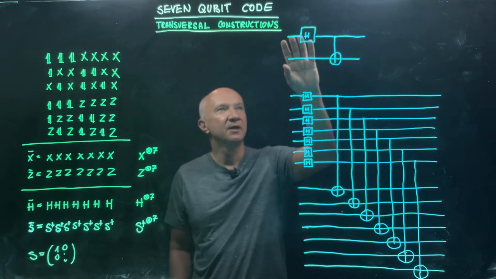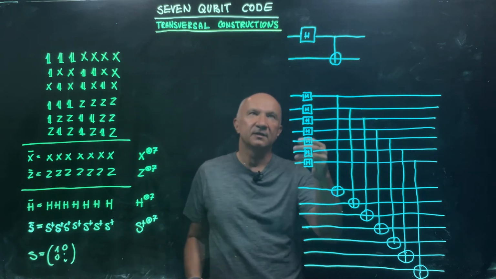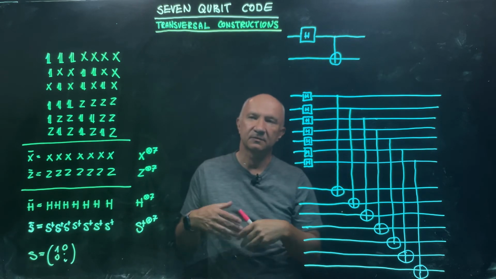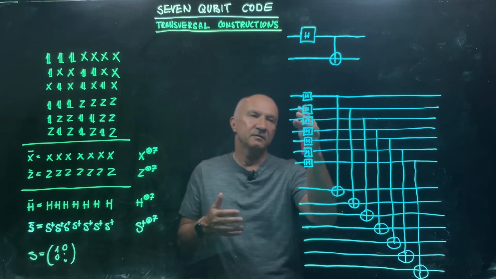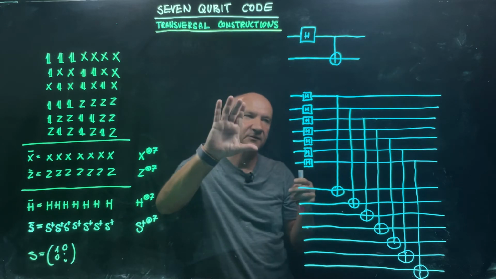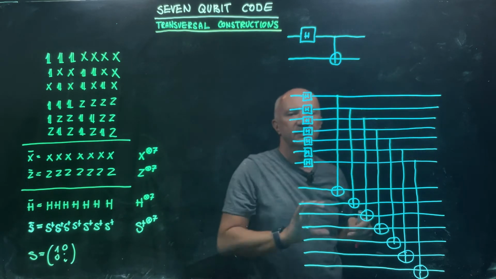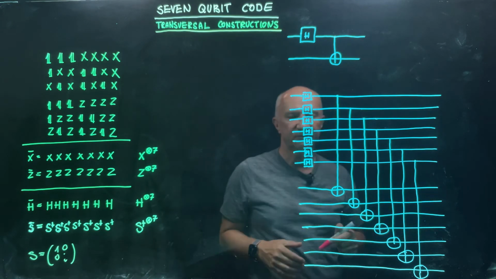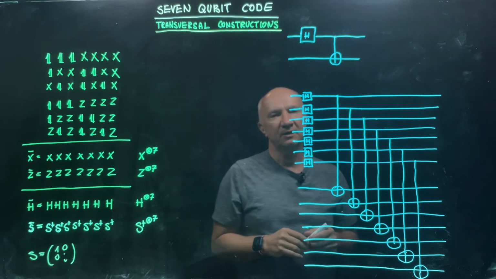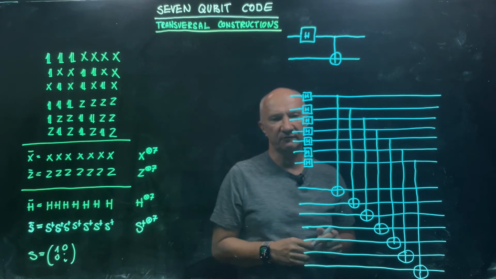Now suppose you want to encode this qubit and this qubit into 7 physical qubits. So you have then a manifold of 7 qubits for the first qubit here, and another manifold of 7 qubits. So it's a code block of 7 qubits and another code block of 7 qubits.